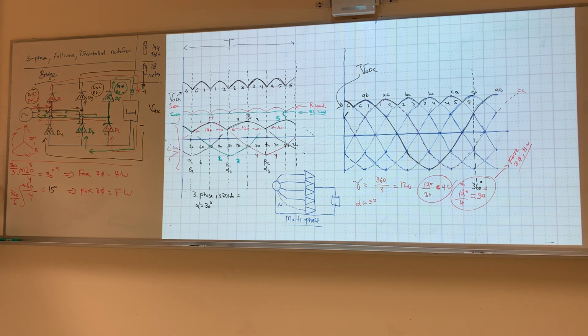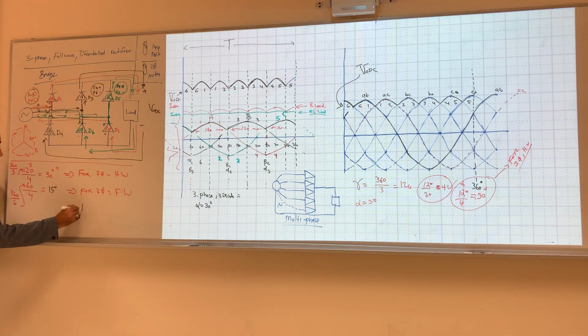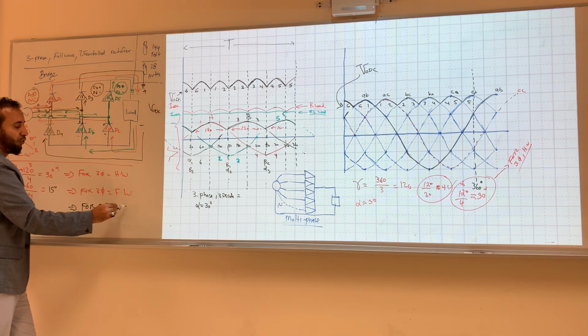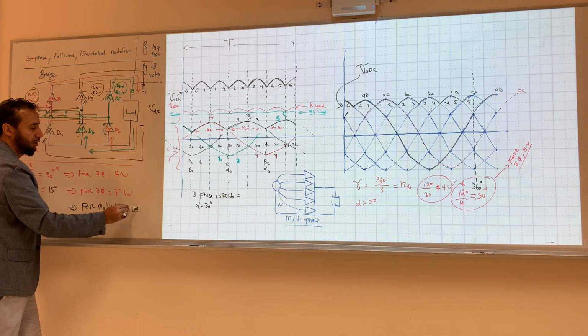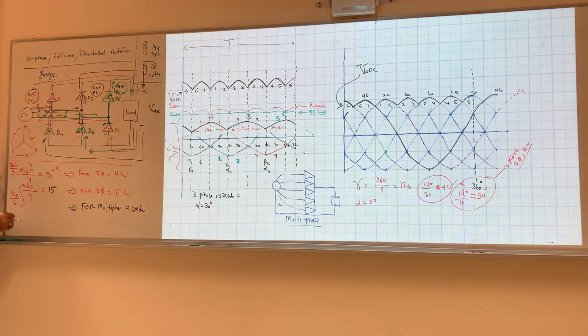Let me do it for 4 diodes. For multi-phase, 4 diodes, I will say 360 divided by 4 equals 90, right?